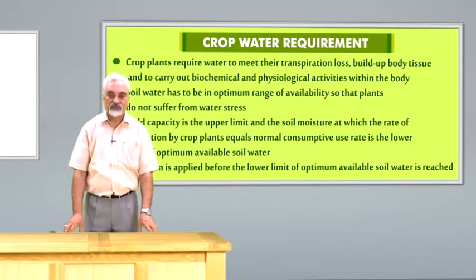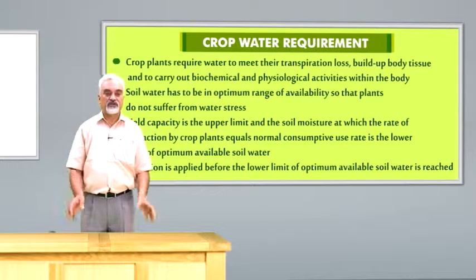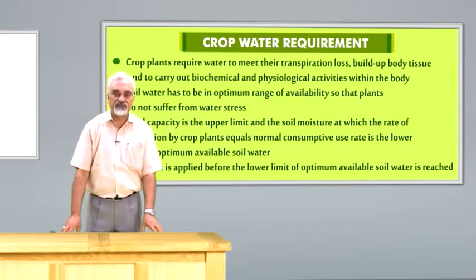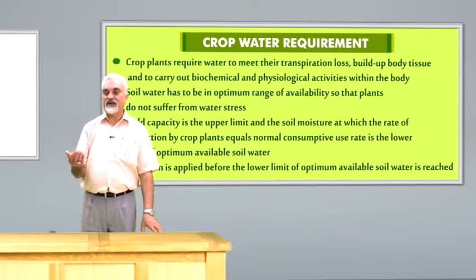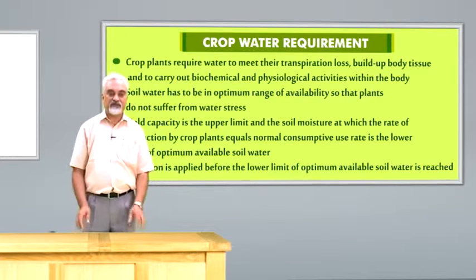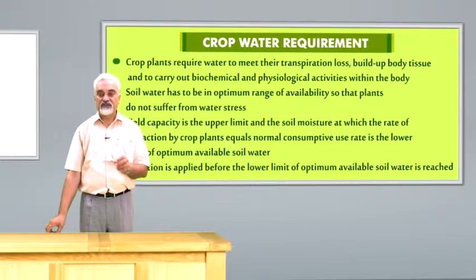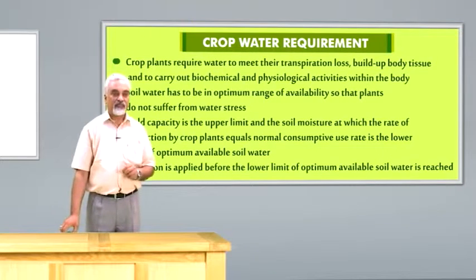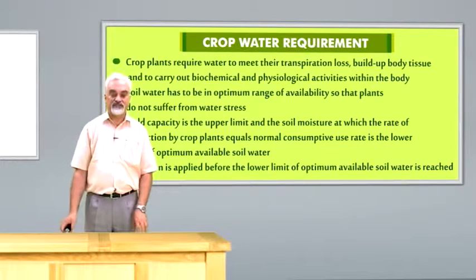Question number two, how much to irrigate? That means how much water has to be applied in each irrigation. And question number three, how to apply this water, that is the method of water application, the method of irrigation, because the method of irrigation is very important in the sense that it decides the irrigation use efficiency.